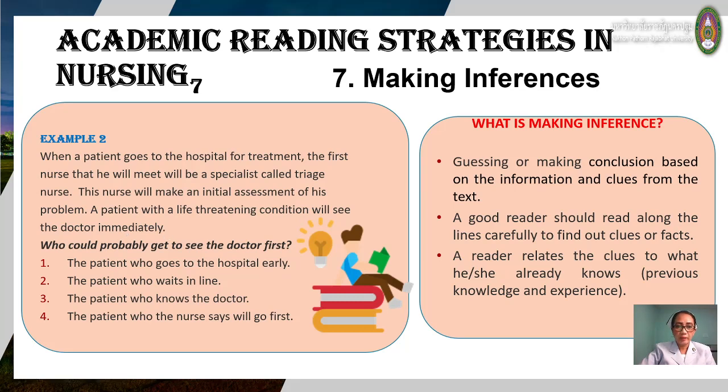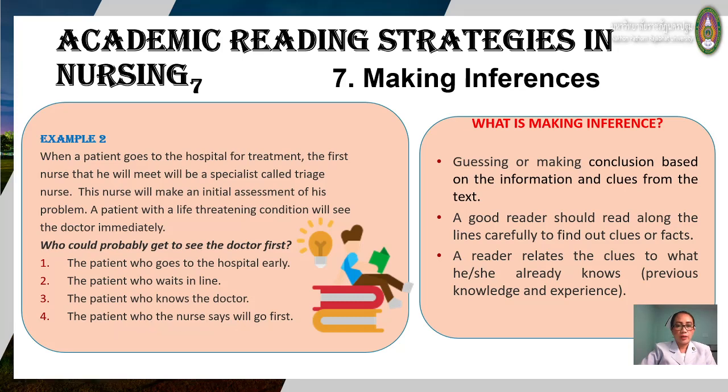Who could probably get to see the doctor first? Choice 1, the patient who goes to the hospital early. Choice 2, the patient who waits in line. Choice 3, the patient who knows the doctor. Choice 4, the patient who the nurse says will go first.